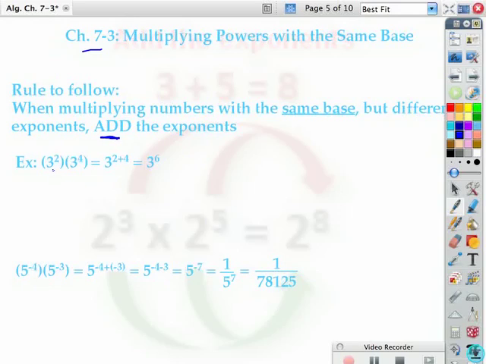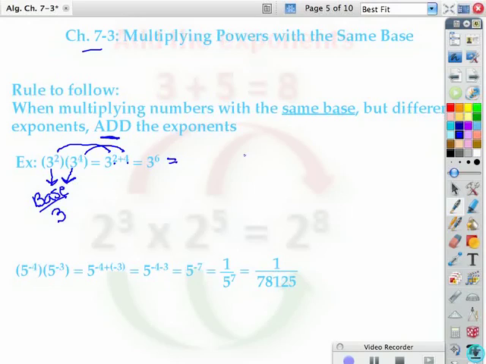So, for example, the base here is 3. The base here is also 3, so since they have the same base, we take the 2 and the 4, which are the exponents, add them together to get 3 to the 6th power. Now after that, you would also simplify 3 to the 6th power.